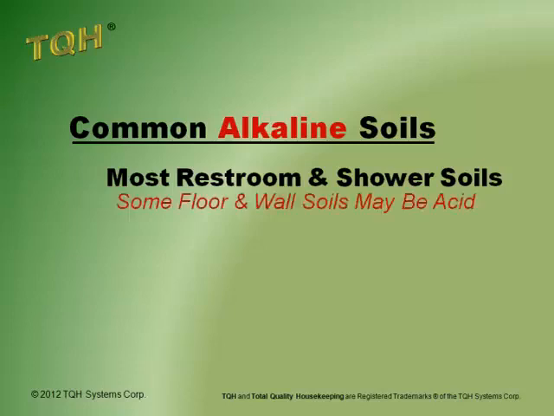Now, you'll have some acid soils in the sense of what you drag in from the hallway. So you get acid soils on your hands, you touch doors, for instance, to a toilet cabinet, that type of thing. But the greatest majority of soil are going to be alkaline from the soap, the hand soap, any bar soap that might be used in a shower, and also the minerals that are in water.